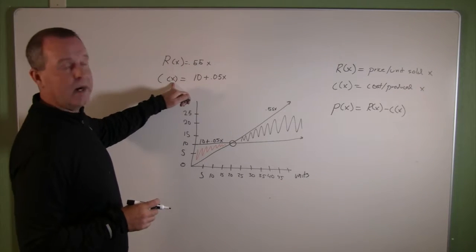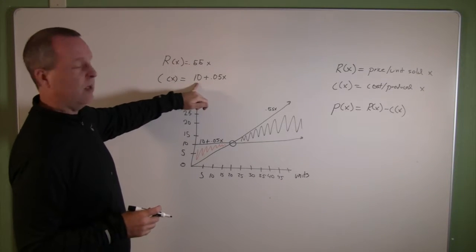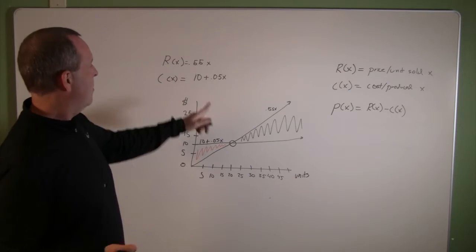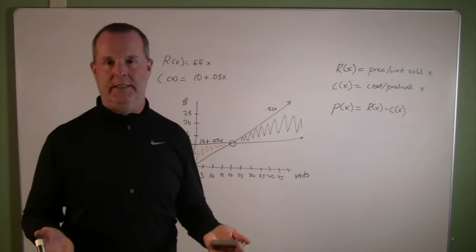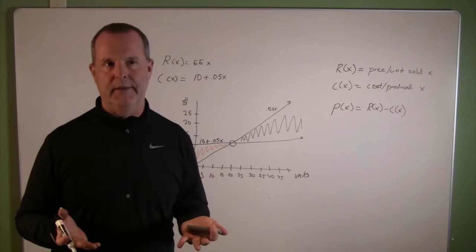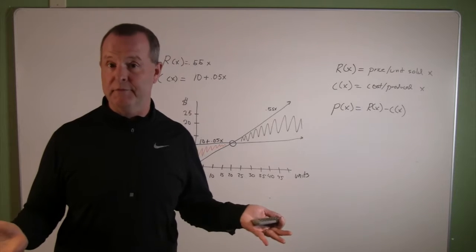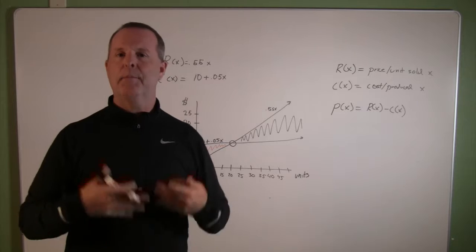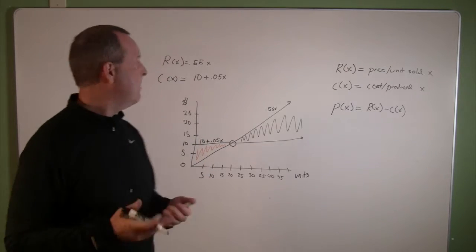The cost of running my business is generated by the model 10 plus 0.5 of X, where maybe 10 is my fixed cost. I had to pay $10 for a permit. Bummer that you might have to do that, but there's a fixed cost. And then from that, it just costs me 5 cents per cup of lemonade to make.